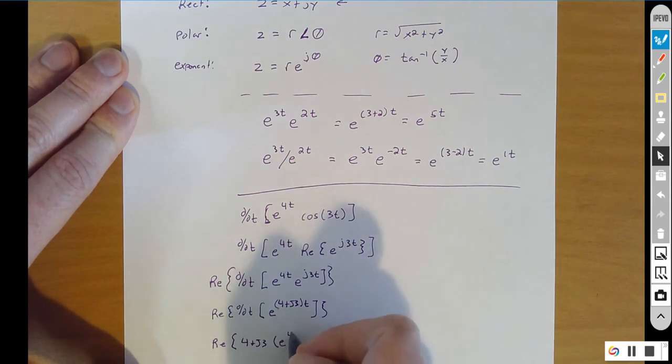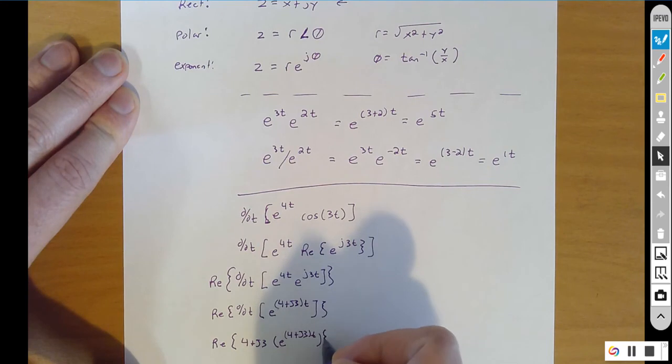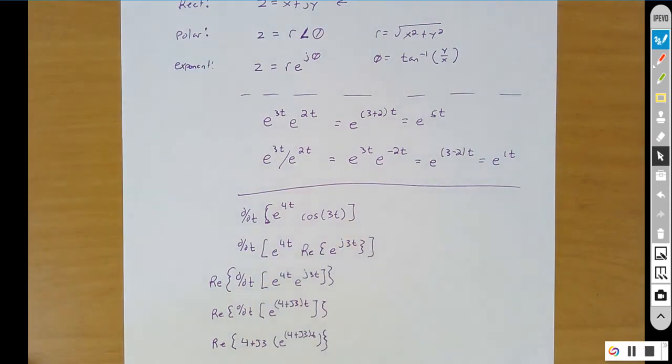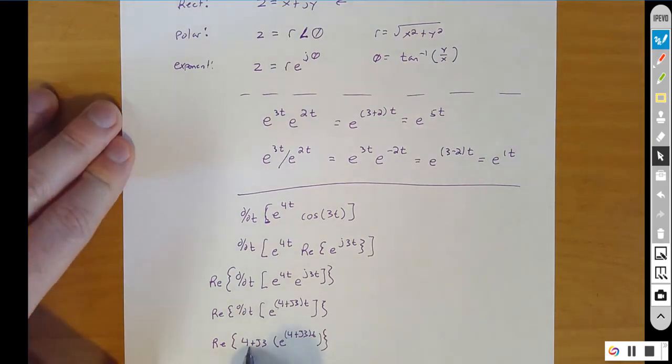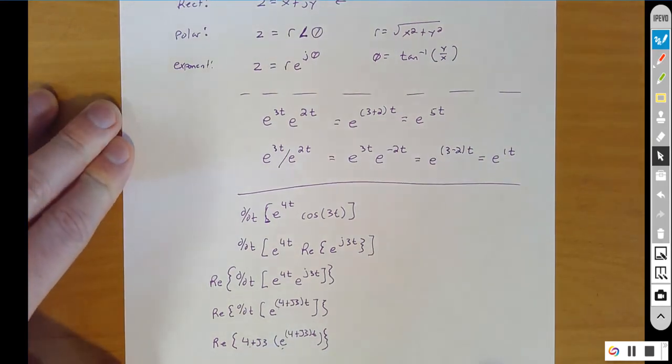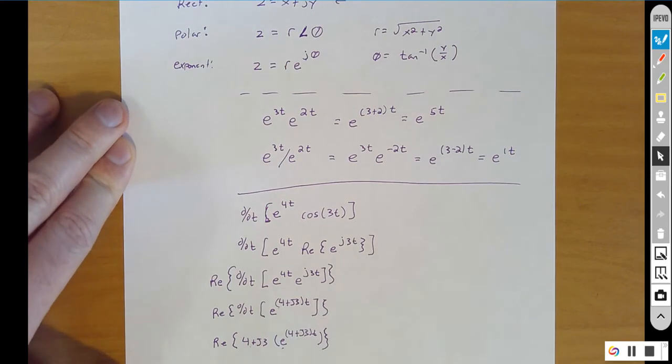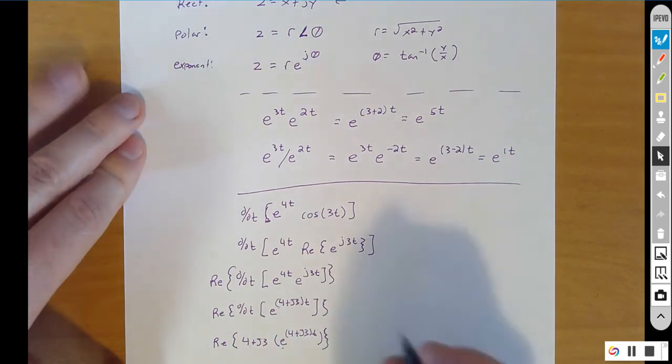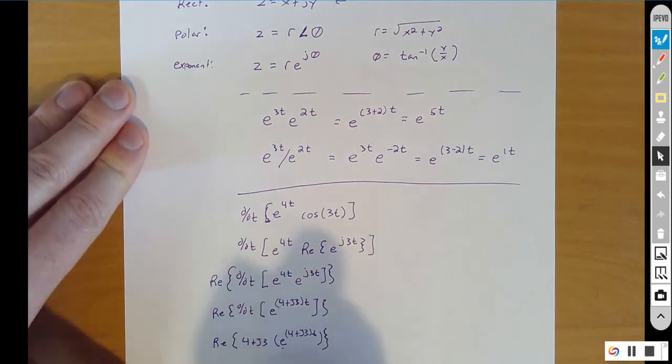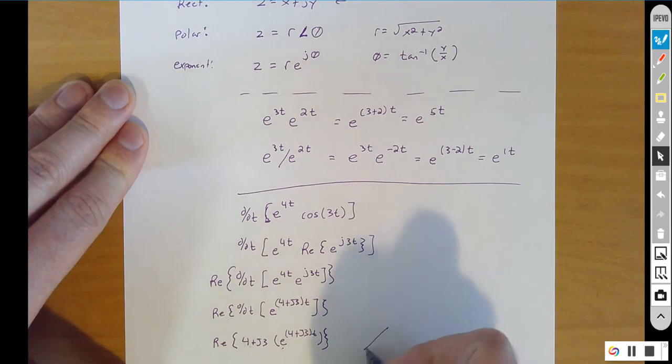e to the (4 plus j3)t. Then I want to turn this into an exponential, so I can add it back in here with this one. So we have now taken the derivative, and now we're just cleaning up this thing. So if I draw this, I have 3 in the j, 4 in the real.